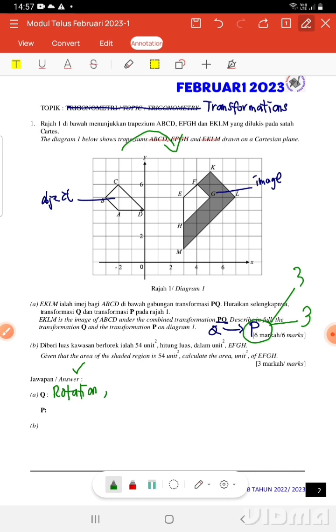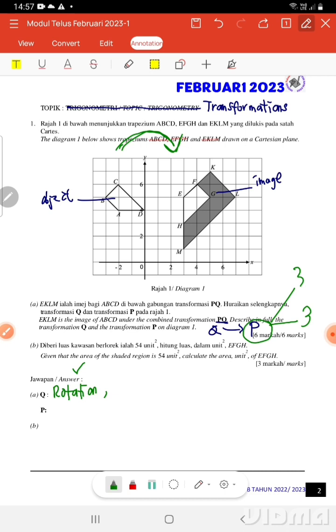Cikgu Yasir has introduced the simplest way to find the center. Let's see carefully. The first thing, you must know the direction. This one you can guess. So for this one it goes clockwise.